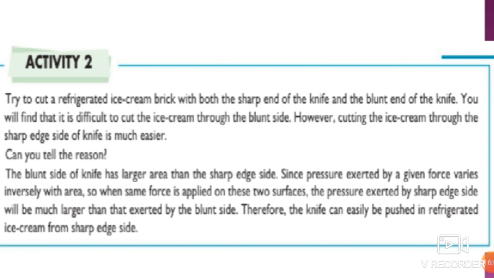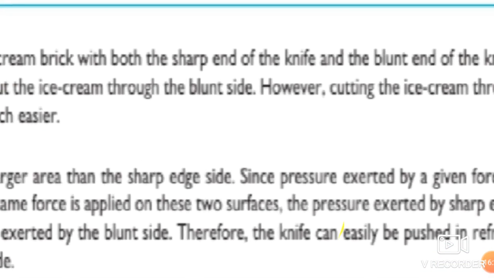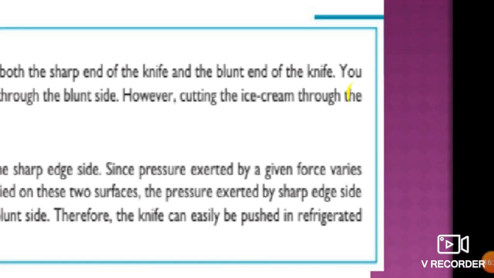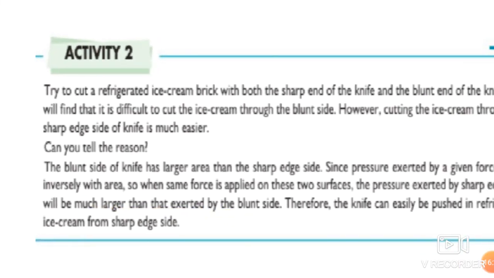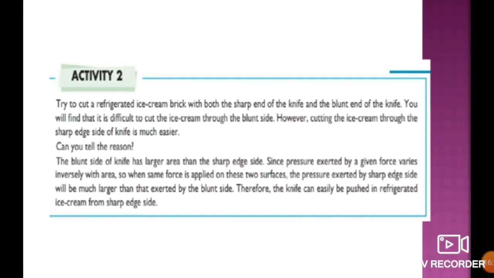Whenever there is a small area, the pressure exerted will be more, and whenever the area is more, the pressure will be less. Since pressure exerted by a given force varies inversely with the area, when the same force is applied on these two surfaces, the pressure exerted by the sharp edge side will be much larger than that exerted by the blunt side.